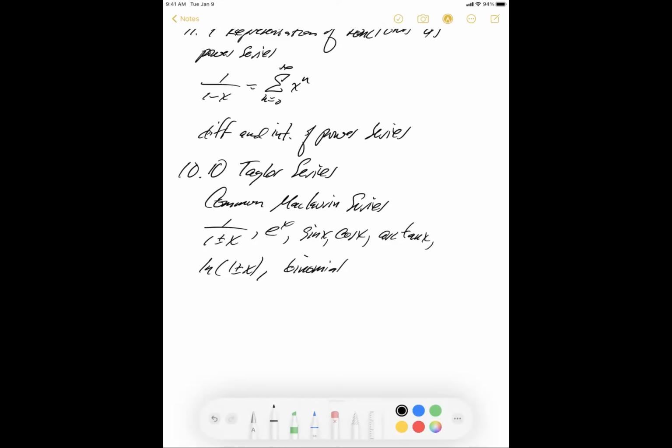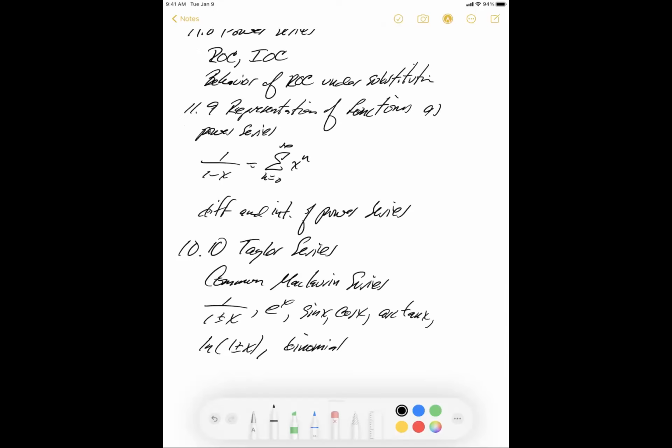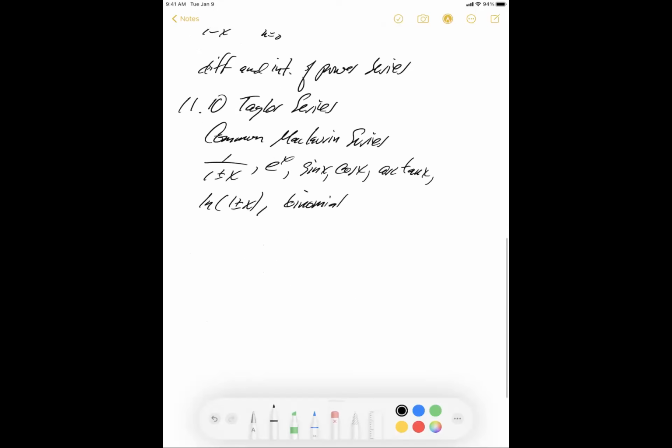Okay, so then the next chapter, we actually go back in the book. Oh, did I just write 10? Sorry, that should be 11.10 there. Right, and then we go back. 10.1 is where we introduced parametric curves. 10.2, that's where we do the calculus of parametric curves.